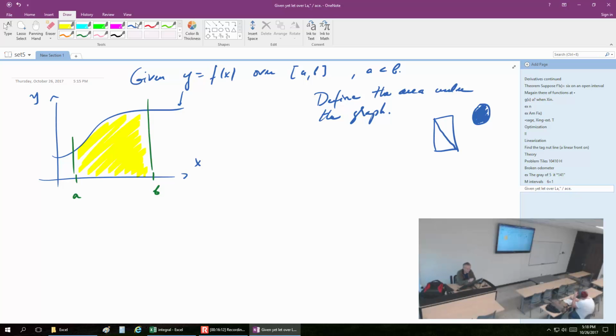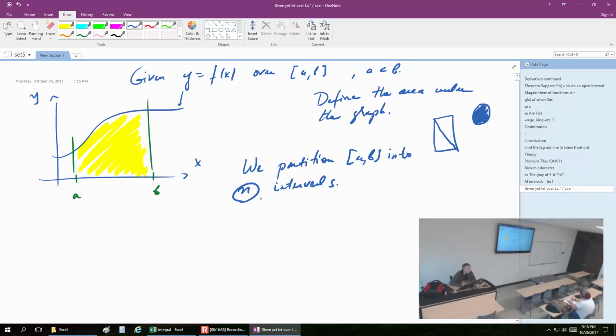So then the next step is what's called a partition. We partition, it is either a verb or a noun, it doesn't matter. We partition [a, b] into n intervals, n being our major parameter.